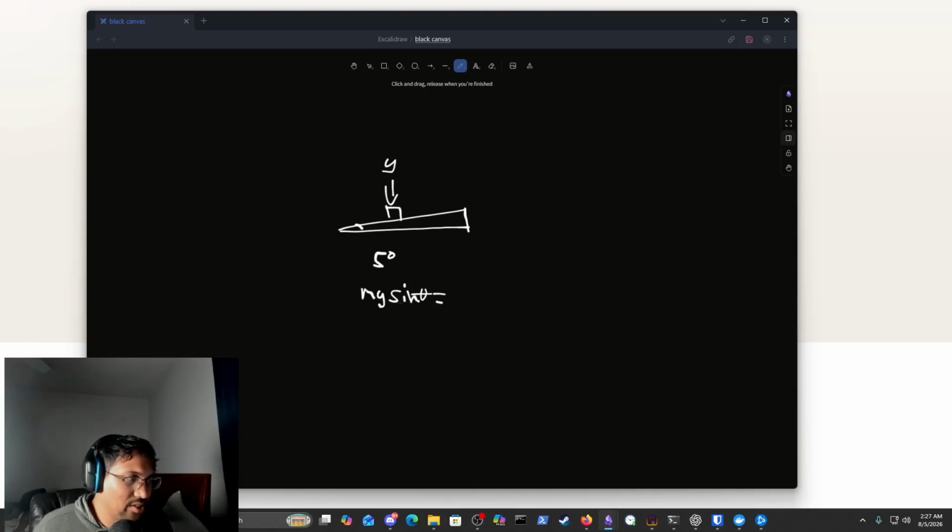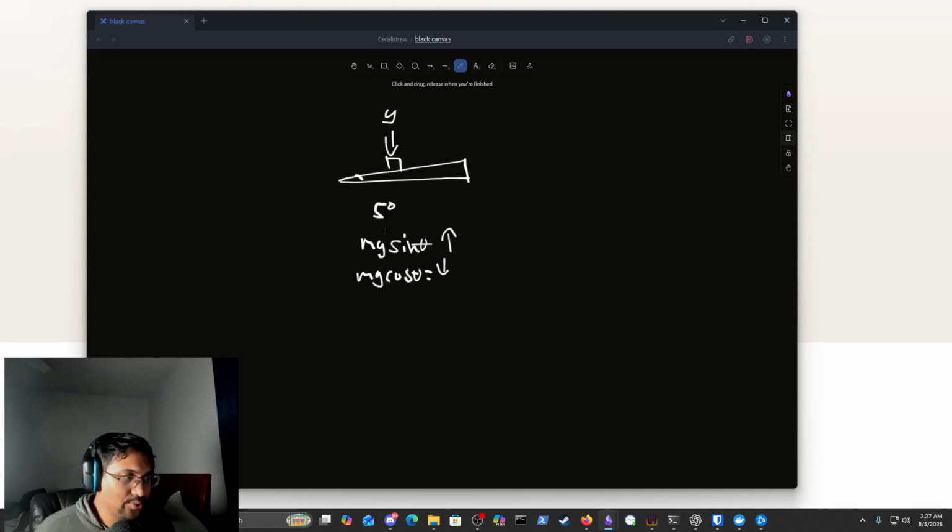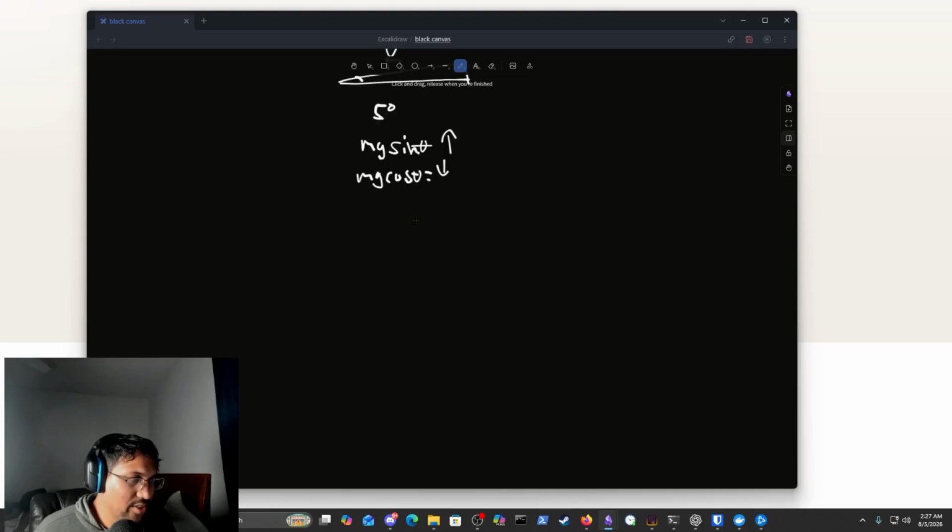And then of course, as our angle increases, sine theta is going to keep going up, while mg cosine theta is going to keep going down. Because mg cosine theta represents how much the object is being pushed into the surface by gravity, and mg sine theta represents how much it's being pulled by gravity along the axis. What if we had a straight vertical inclined plane?